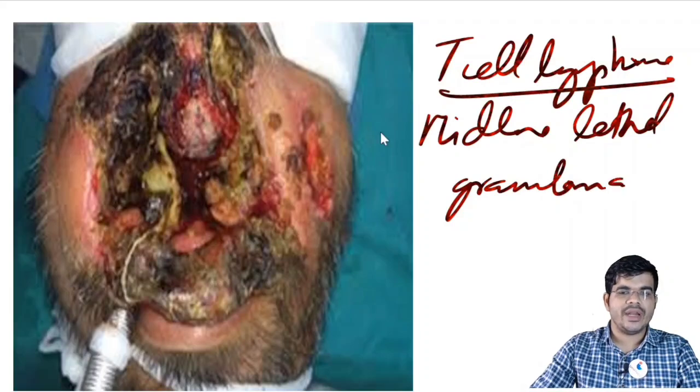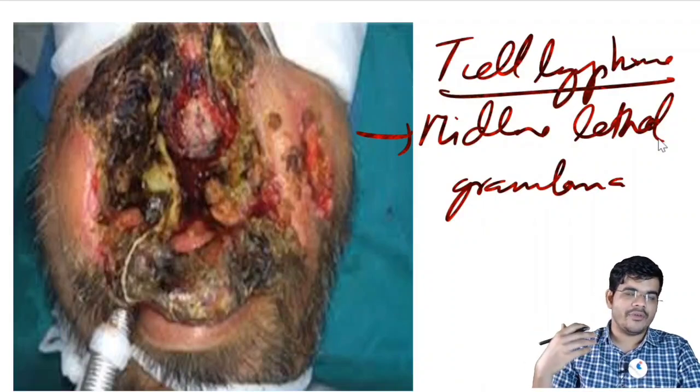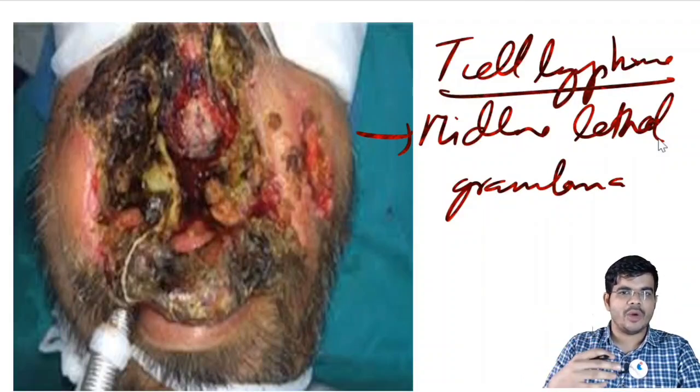It is actually a T-cell lymphoma, but it can have localized manifestation in the nasal cavity, which is seen as spreading to the oral cavity, gums, the palate. All these can get involved, and with that there will be extensive destruction of all these areas. So this is what is known as midline lethal granuloma or the T-cell lymphoma.